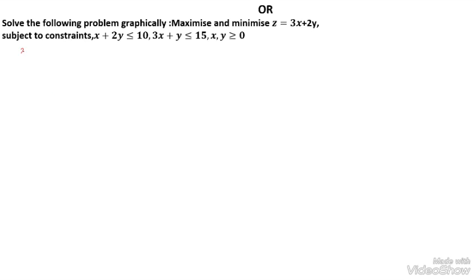Here x plus 2y less than or equal to 10. Now taking the x and y values, generally, put x equals 0. Here in this equation, y becomes 5.